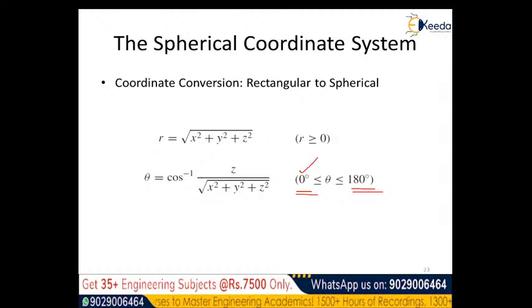So 0 degrees corresponds to the positive z direction and 180 degrees corresponds to the negative z direction.